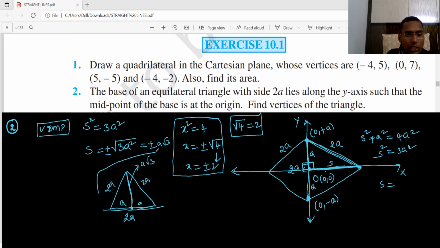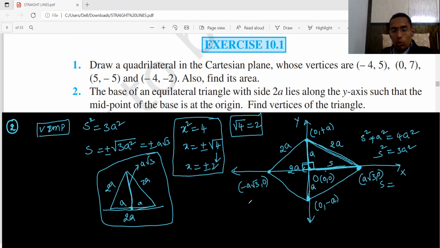So this plus or minus indicates I can find it like this also. In the process, we are getting plus or minus. That indicates not only the point is here, but also here. So this is A root 3 comma 0, and this is minus A root 3 comma 0.